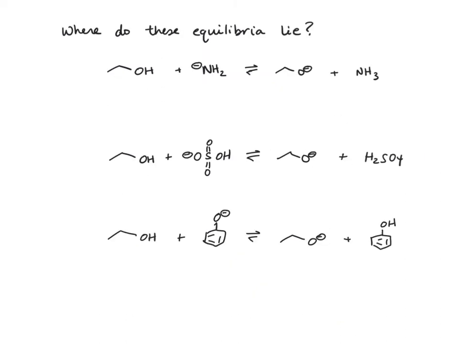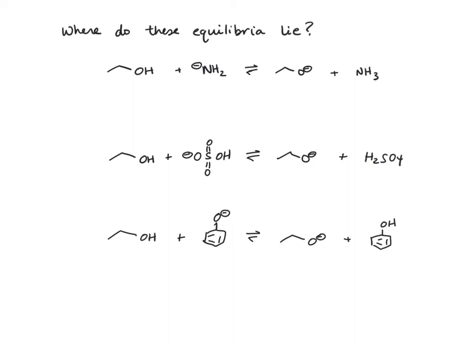Let's look at some examples of where equilibria lie, with the alcohol being treated by different conjugate bases. We can do this by knowing our trends in acidity and basicity qualitatively, and we can also use that table in chapter 3, it's 3.1 I think, that gives us some pKa values for compounds to get us on the right level.